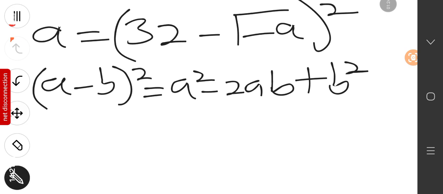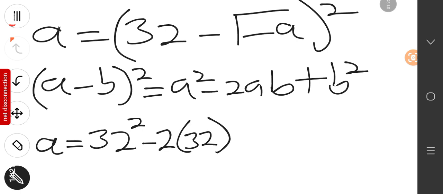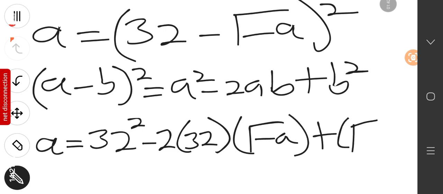Now our equation becomes a equals 32 squared minus 2 multiplying 32 multiplying the square root of minus a, plus the square root of minus a all squared.